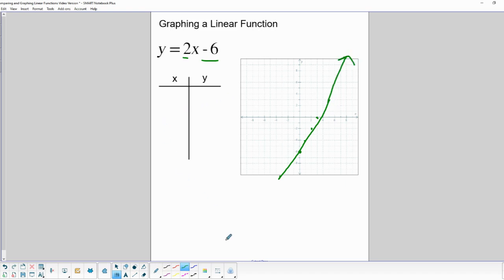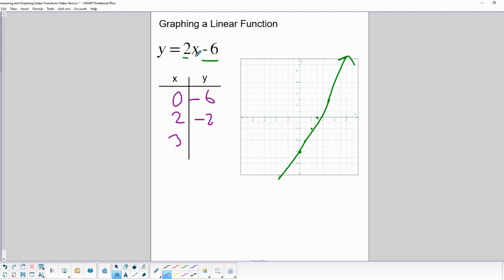The other option is to just plug in some numbers. So if I plug in 0 for X, and 2 for X, and 3 for X. 0 in for X would be 2 times 0 minus 6, so that would be -6. And then if we put in 2, 2 times 2 is 4, 4 minus 6 is -2.